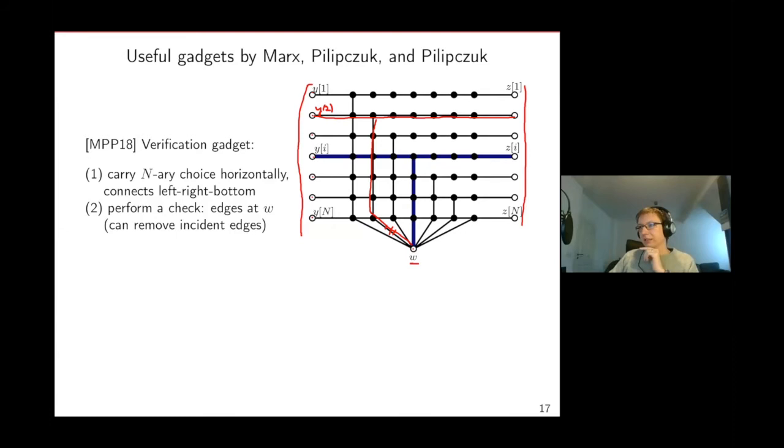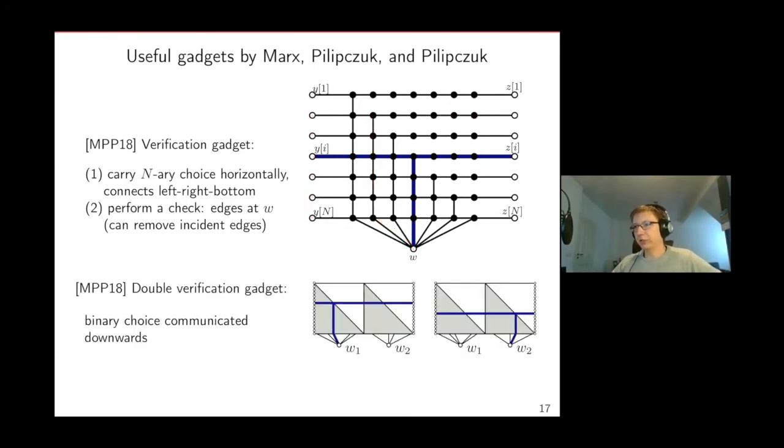Because I couldn't connect here to W. I would have to choose some more expensive route. Okay, so this way you can do a sort of verification. You can force this horizontal line to go through some arbitrary subset of 1 through n. Okay, so that's useful, and you can go one step further.